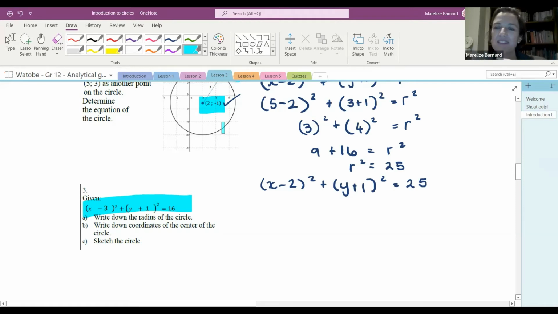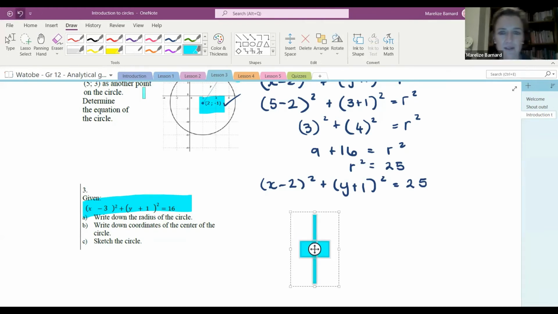We've got some answers in the chat coming in for the center and the radius. Looks good, everyone. I'm going to prepare my drawing.